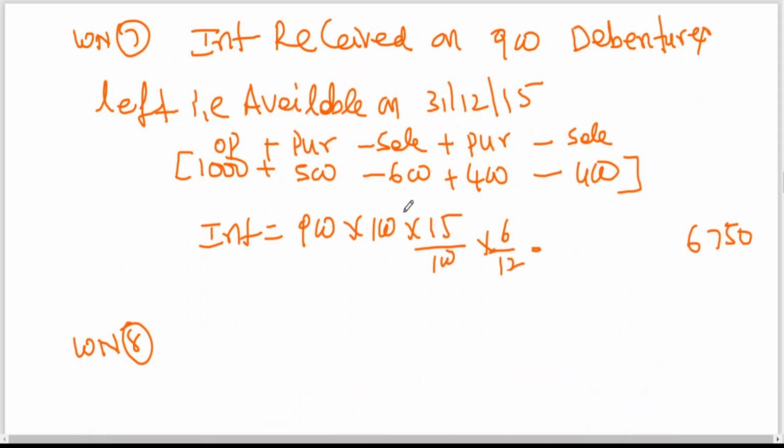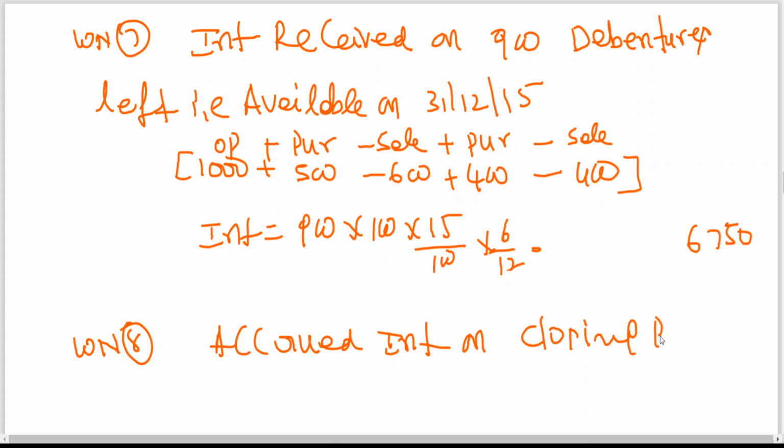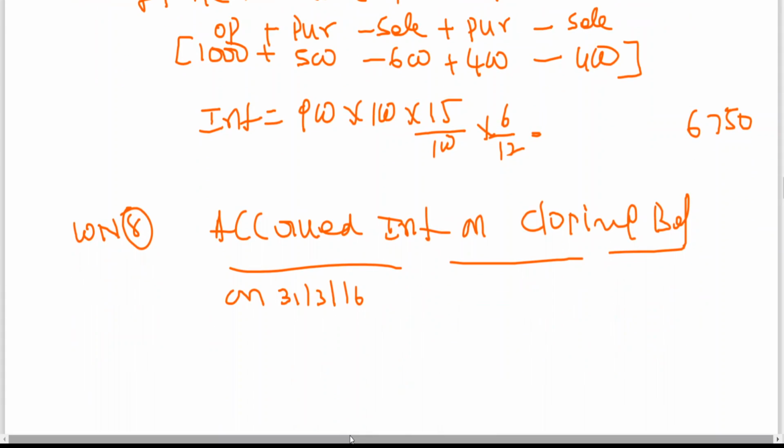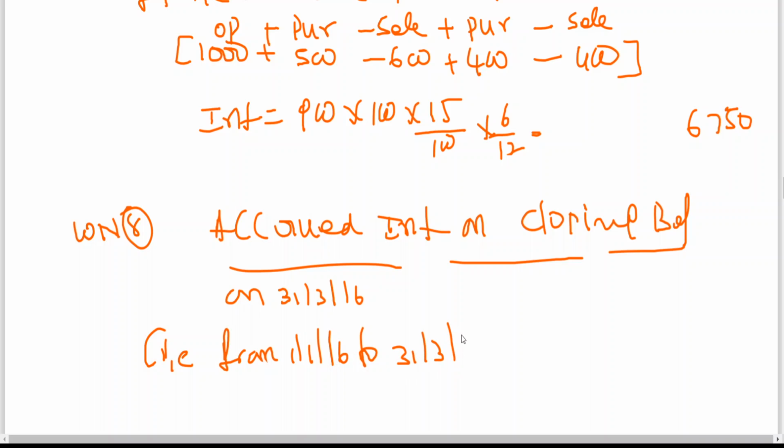Okay, so that also I am writing as working notes number 8. Accrued interest on closing balance on 31st March 16, that is from 1st January 16 to 31st March 16 on 900 debentures.